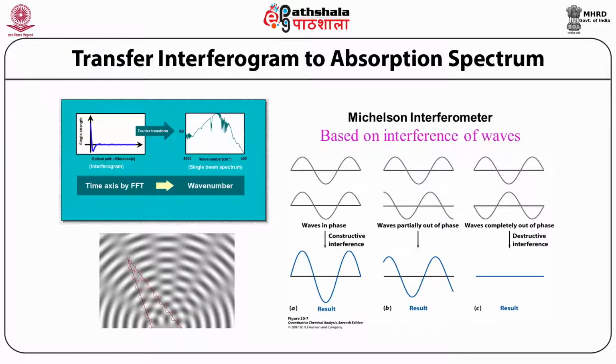You can see here the time axis is converted into wave number by fast Fourier transformation, and it is done by a Michelson interferometer, which is based on the interference of waves. If the waves are in the same phase, it results in a deep wave, which is constructive interference. If waves are partially out of phase, it results in slight destructive interference.